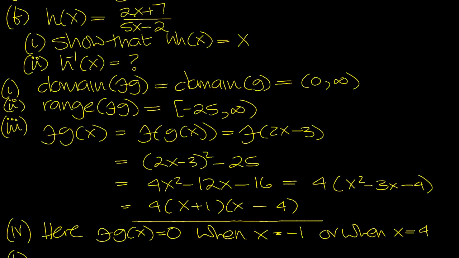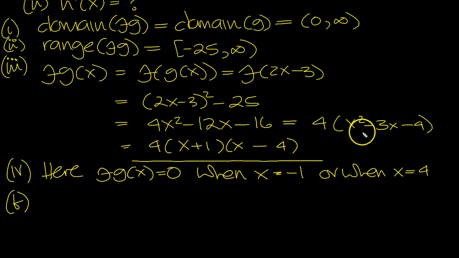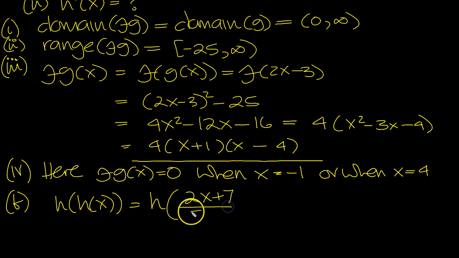Okay, h is 2x plus 7 over 5x minus 2. h of x then is h of 2x plus 7 over 5x minus 2.